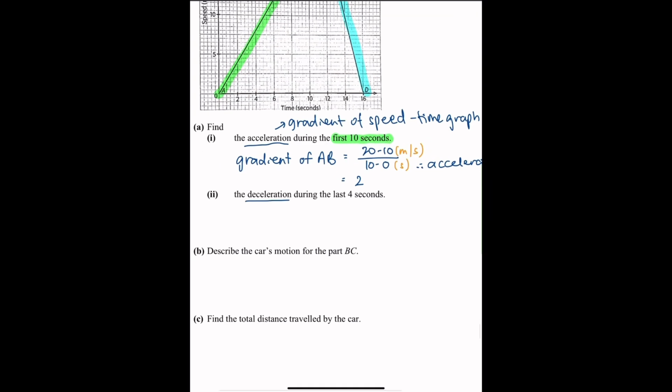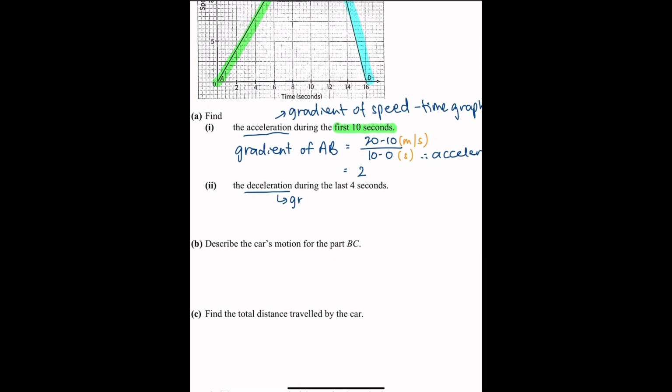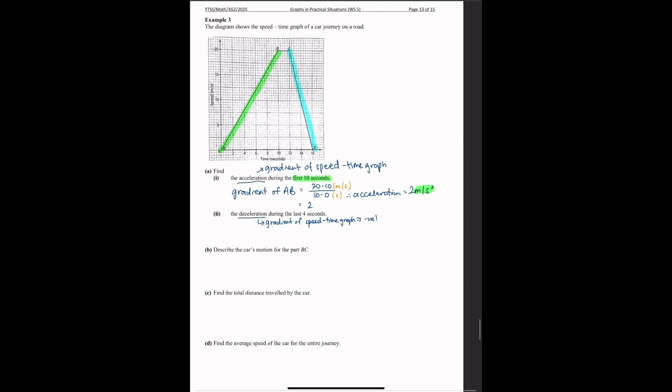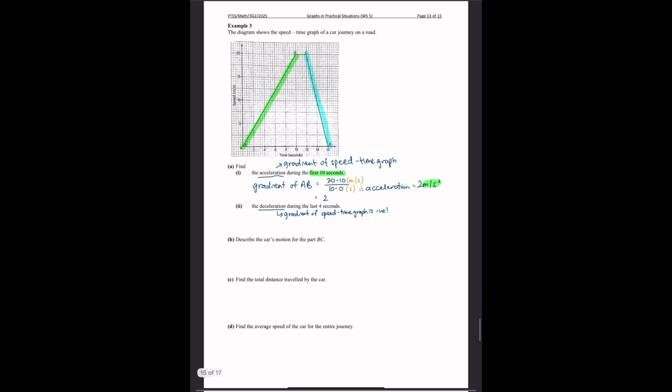So deceleration here is when the gradient of speed time graph is negative. Okay, so let's find the gradient of CD first, and then we can find the deceleration.